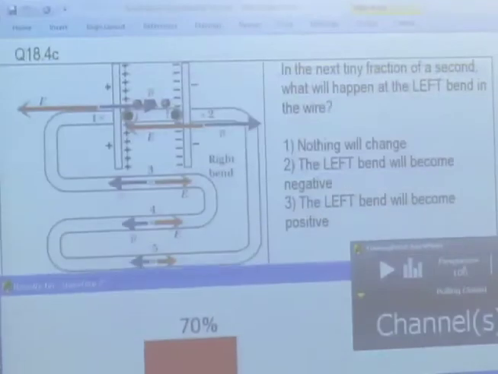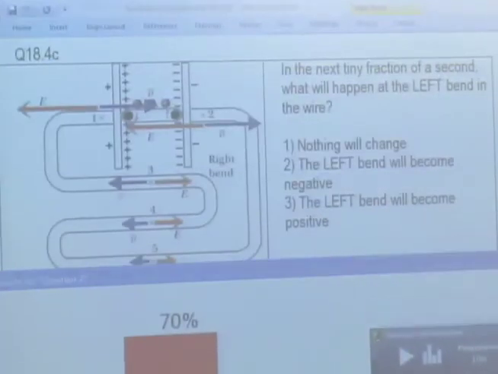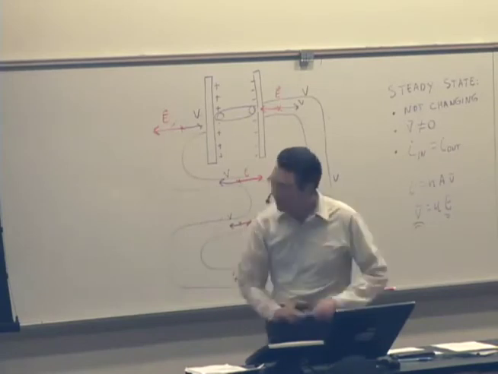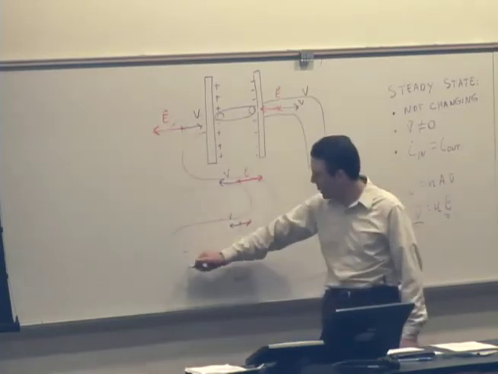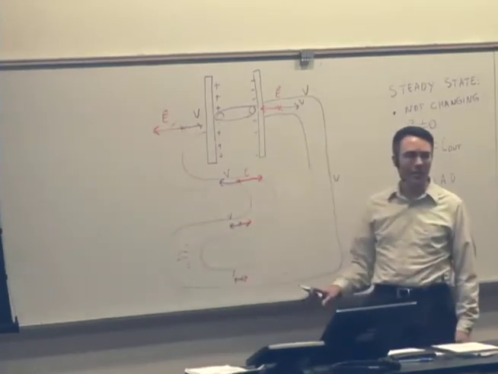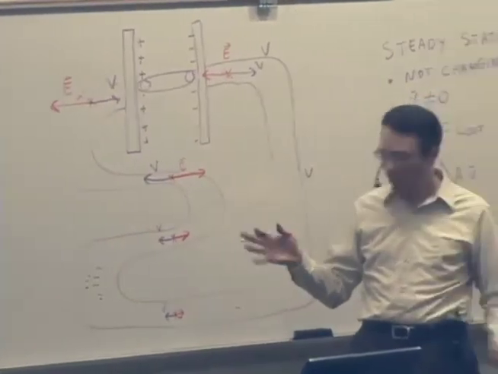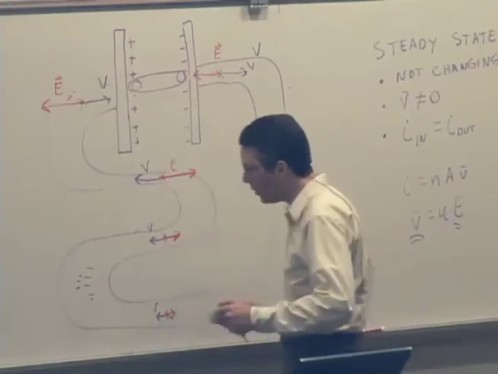Okay, if electrons are moving from point 5, they're moving toward the left bend, and from point 4, they're moving toward the left bend. So that means we must have a buildup of negative charge. Okay, where is that charge going to end up? Is it going to live inside here? On a conductor, where can the excess charge be? Only on the surface, right? So we're going to end up with some surface charge.